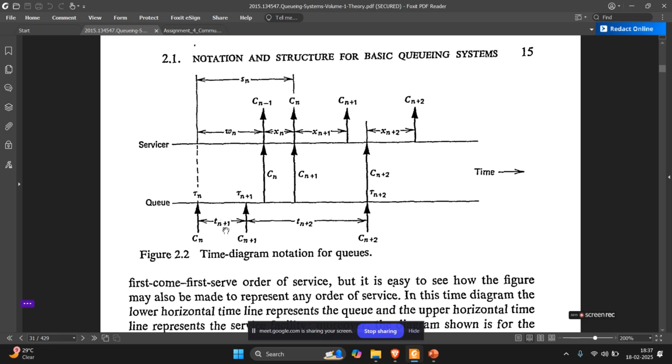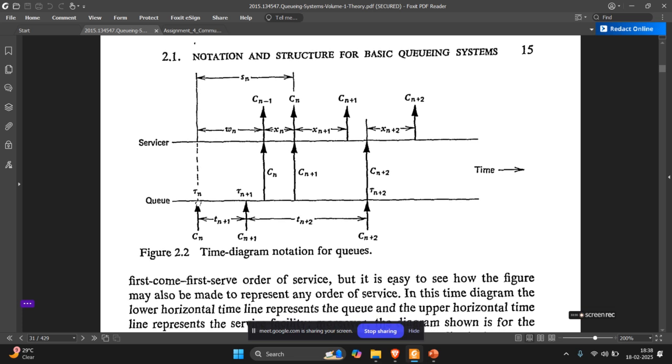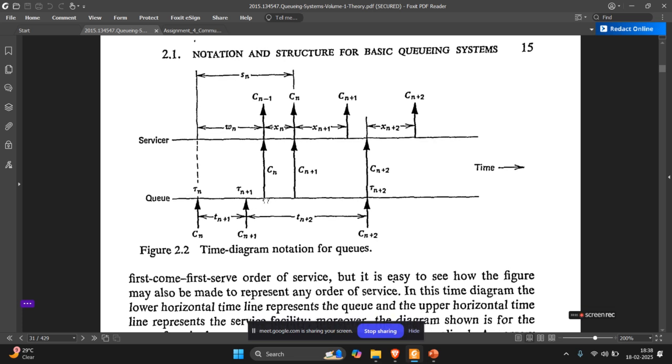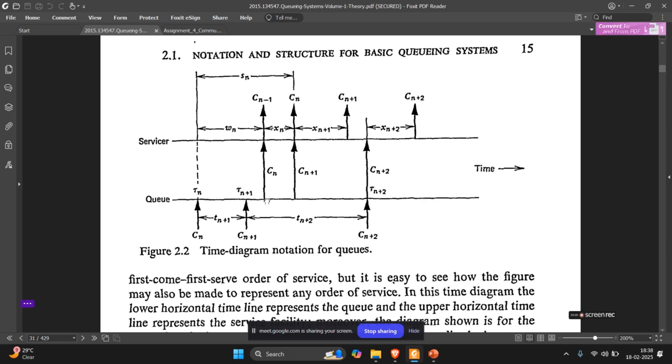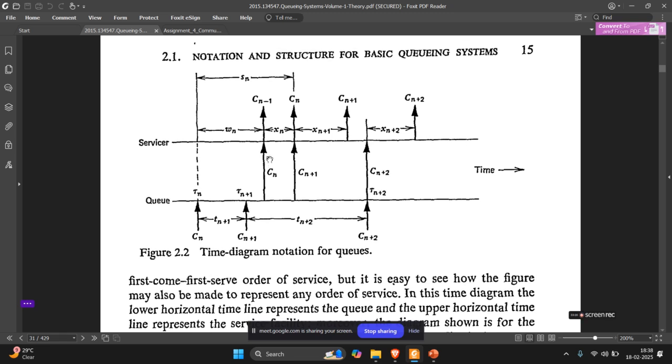First it spent the time Wn, which is from here in the queue to here. This time is Wn. So here the packet Cn waited in the queue. And Xn is the time the packet needed to get serviced.